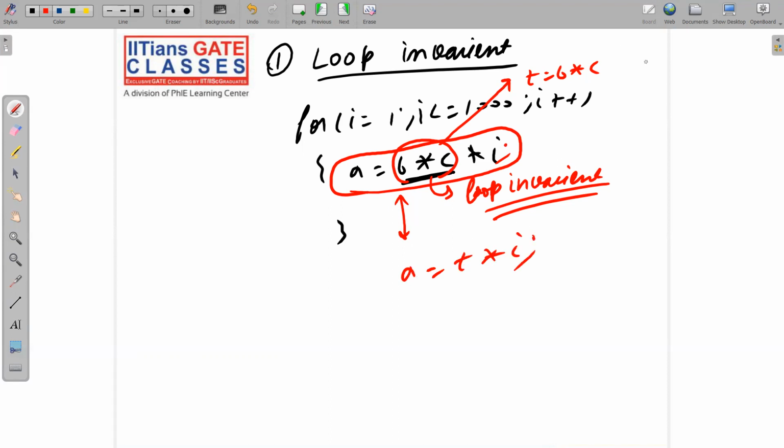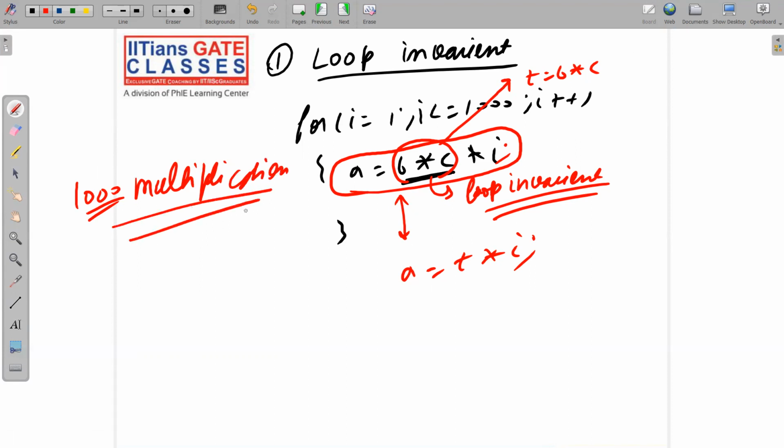So directly indirectly we have saved 1000 multiplications. I hope you have got my point. So keep the loop invariant outside the loop. Otherwise it will just keep on wasting CPU cycles. Okay, so I hope I have made the point clear. Please pause the video, note it down, and I will jump to the next slide now.